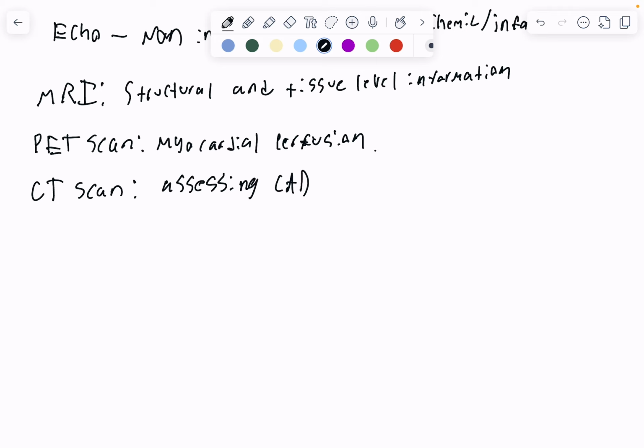And this would be useful in determining ischemic heart disease as well as the underlying cause of heart failure. Because if it's able to tell you if you have coronary artery disease, that would help determine what kind of heart failure they have, as well as find a possible diagnosis and a possible treatment for it.